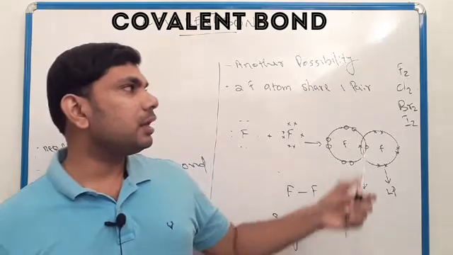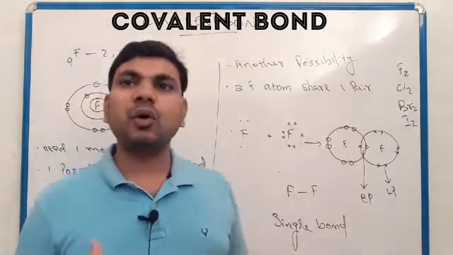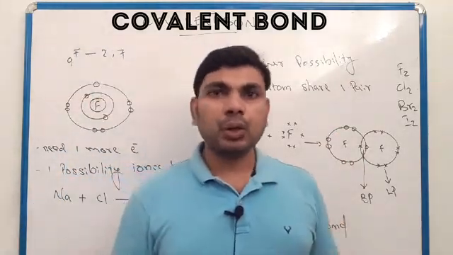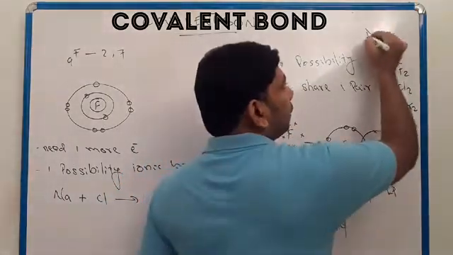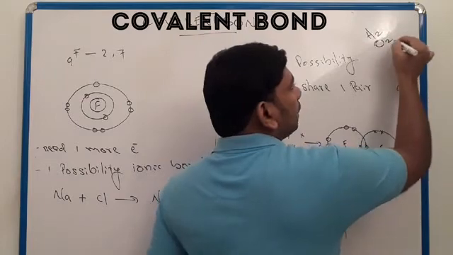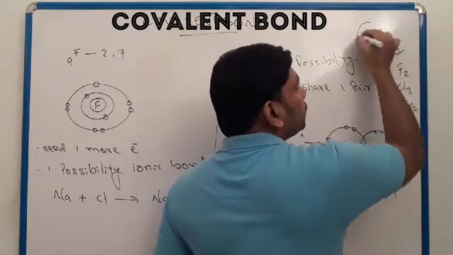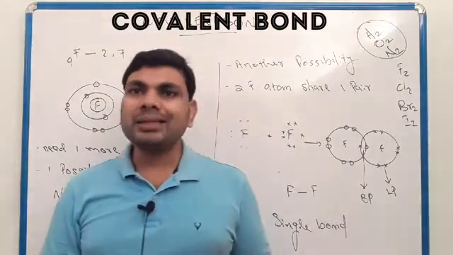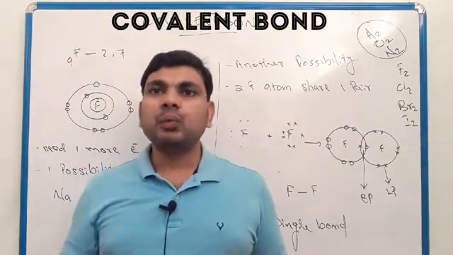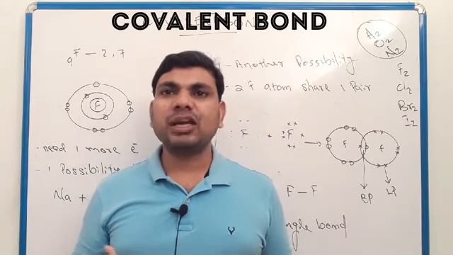Also you can see some other examples: hydrogen, H2, oxygen, O2, nitrogen, N2. These molecules are also diatomic. Why are they diatomic? We can explain based on covalent bond.